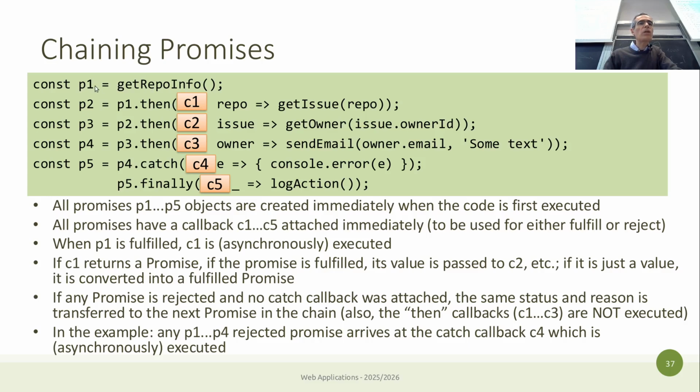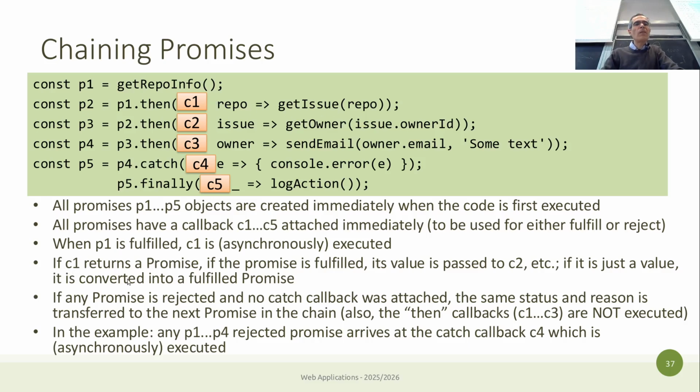The first operation returns a promise. The promise is fulfilled, so P1 is fulfilled, and C1, this callback, is executed. Remember, asynchronously. If JavaScript is doing something else, it will wait for this something else to finish, and then it will execute this callback.